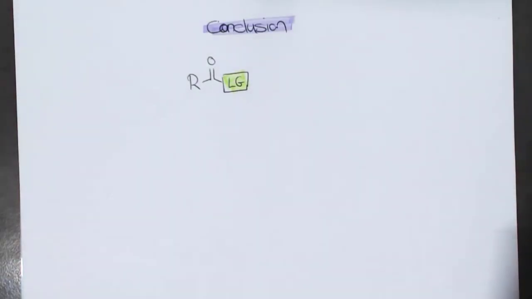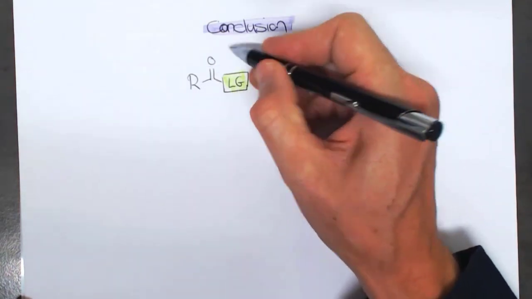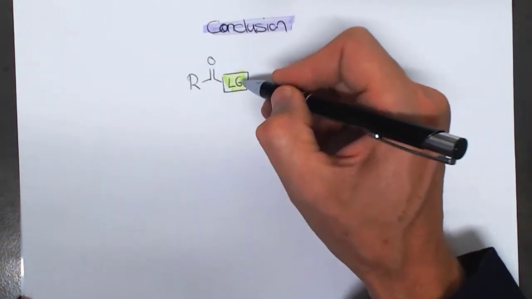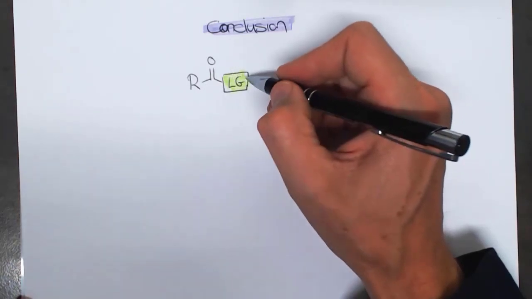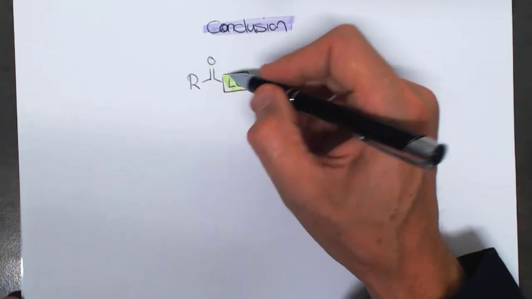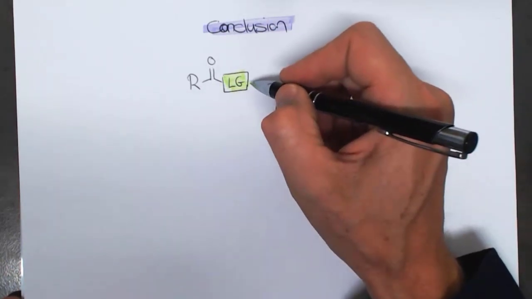So in conclusion, what we've looked at is basically reactive versions of this carbonyl group, where we put a good leaving group on there. In the beginning, we had looked at where this was actually quite a bad leaving group, like part of an ester, or a terrible one, like when it's an amide, and how we need to get those reactions to go.